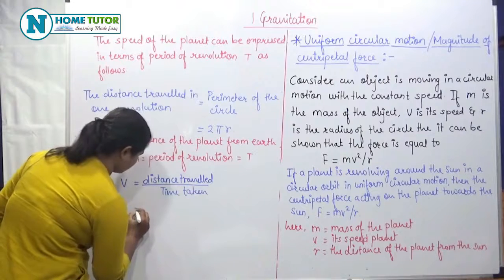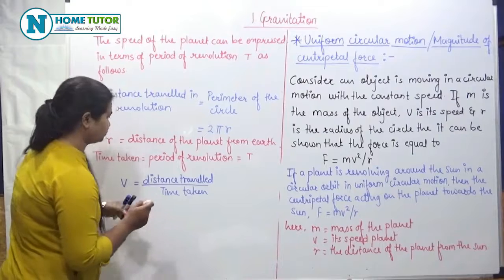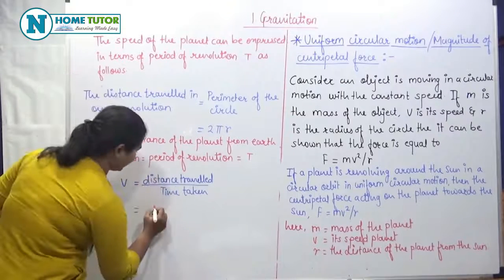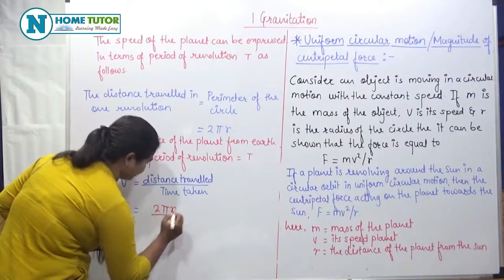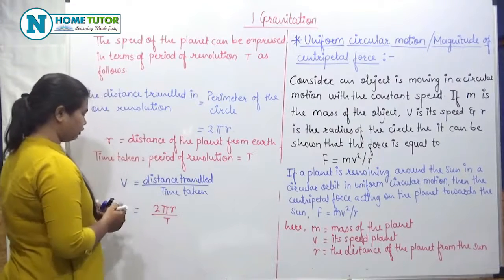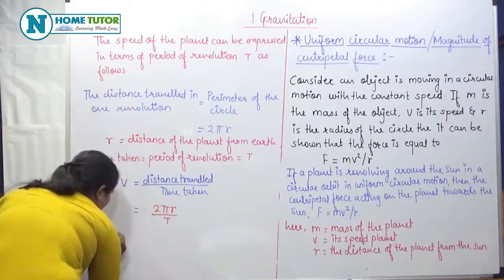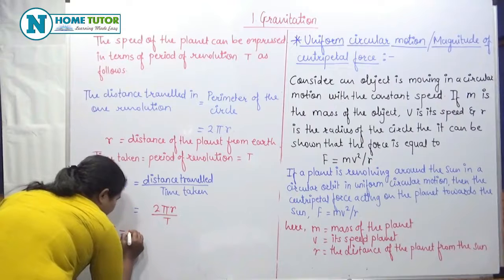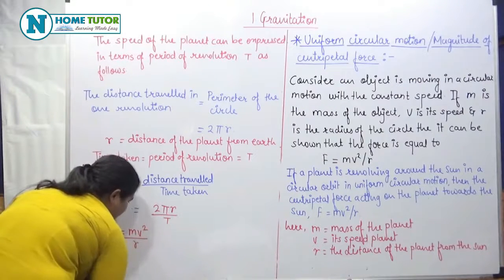So let's substitute the values here. Distance travelled is equal to 2 pi r upon time taken is T. Now v is equal to 2 pi r upon T, and we know the formula here, F is equal to mv square upon r.